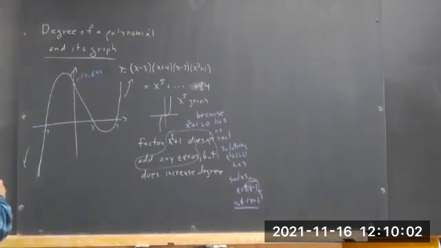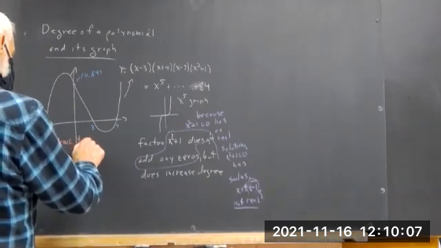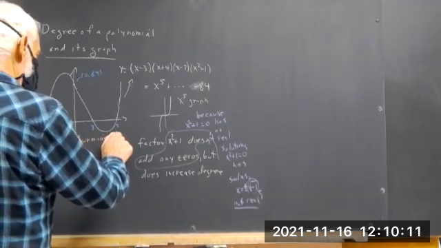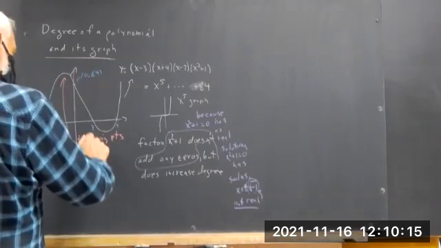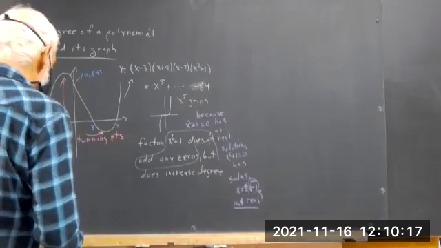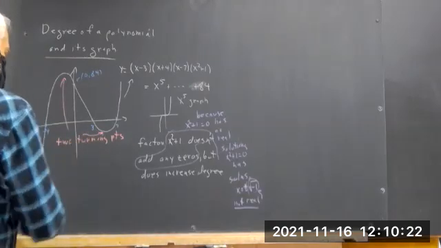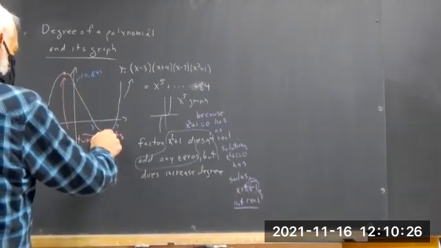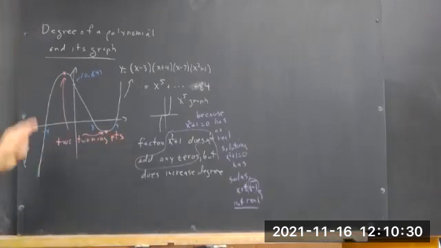So it has 2 turning points, one up here and one right here. By turning point, we mean a point where the function is increasing on one side and decreasing on the other.